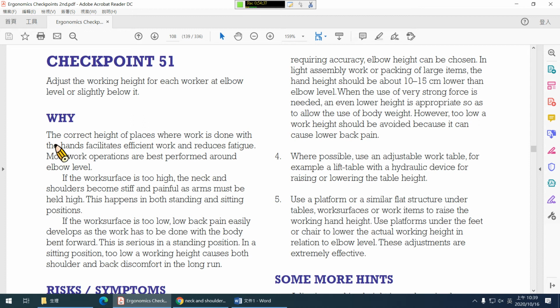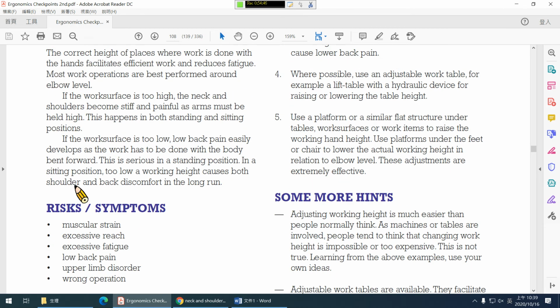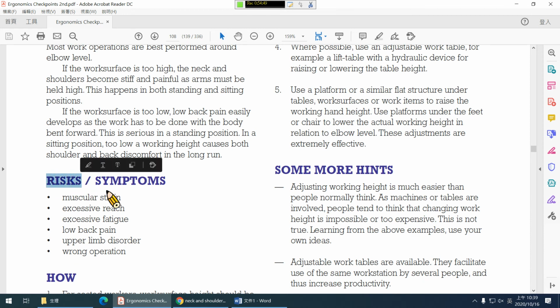We are establishing that the working height is a very important risk factor in ergonomics. We are still not saying that poor working height will definitely, 100%, cause your low back pain. No. We are just saying it's one of the risk factors.